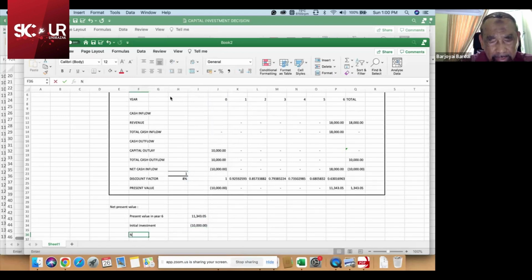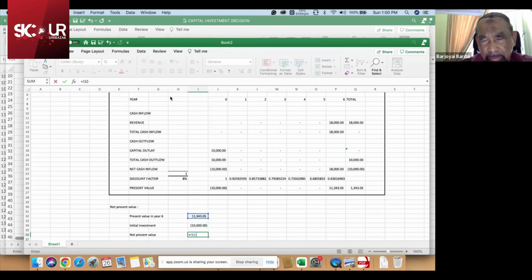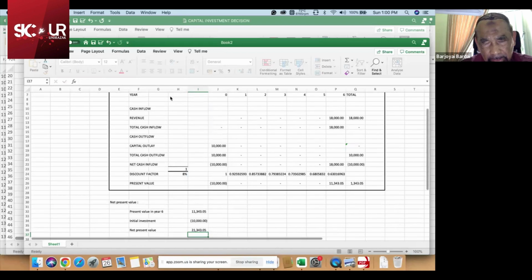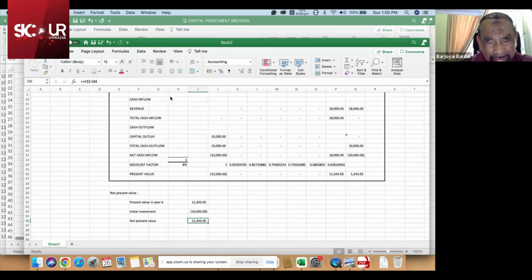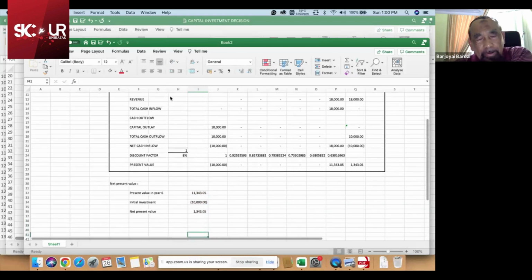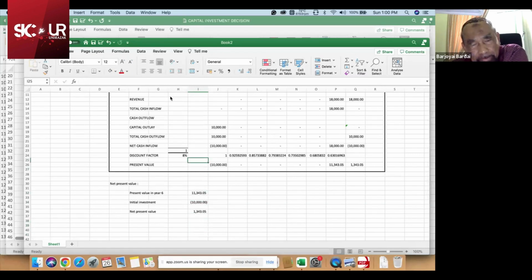So the net present value is... okay. So basically here we say if the discount factor is 8%, then there will be a positive net present value.